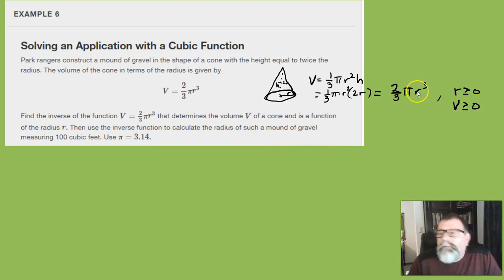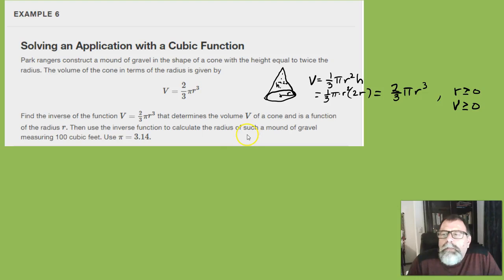Because if you put in a positive number, cube it, positive times positive, you're going to get any positive number. So the bigger r gets, the bigger the volume will get. So basically domain and range will be that way. So now we're going to switch it. We want to find the inverse function.